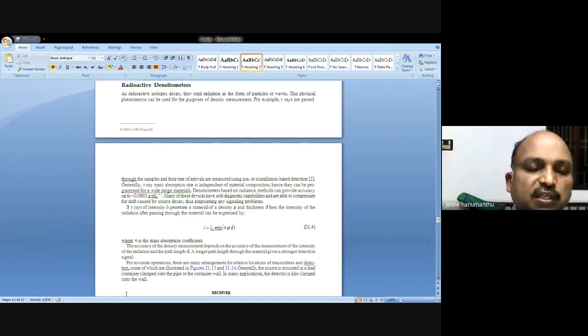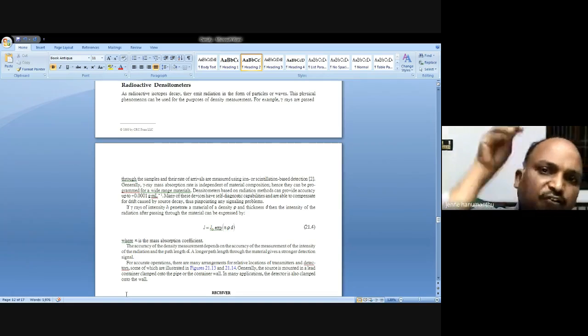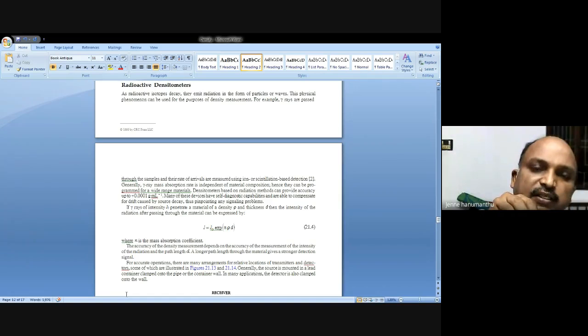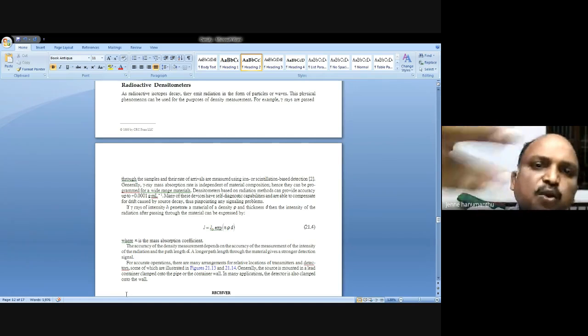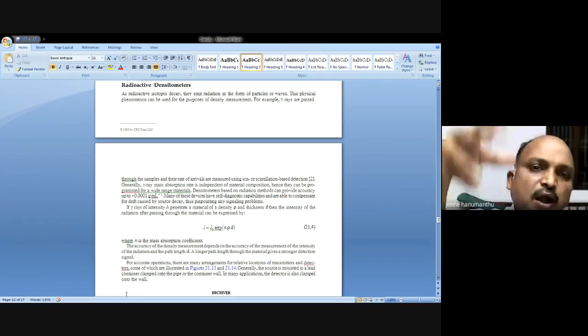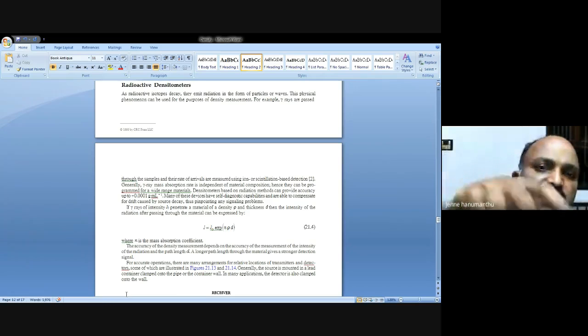So when gamma rays pass through the liquid or fluid, after measuring the intensity, based upon the intensity value, we can estimate the density of the fluid.